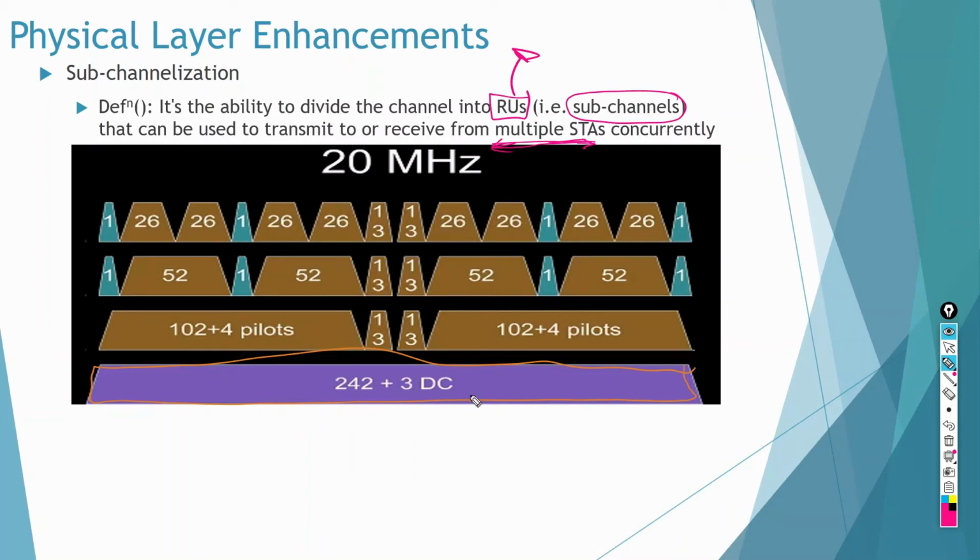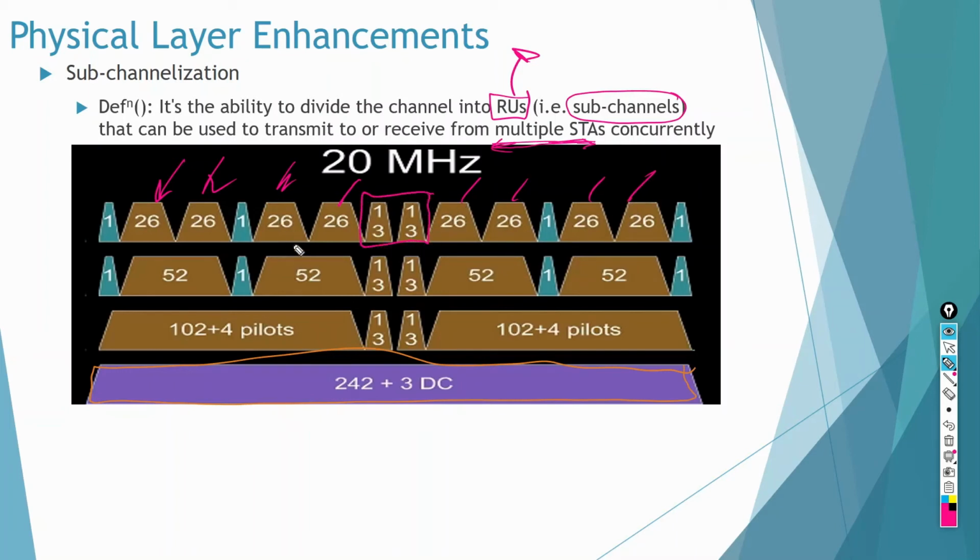Okay, so this is the original channel. I can divide that into the following options. I can divide it into 1, 2, 3, 4, 5, 6, 7, 8, and these two also could be considered an RU.